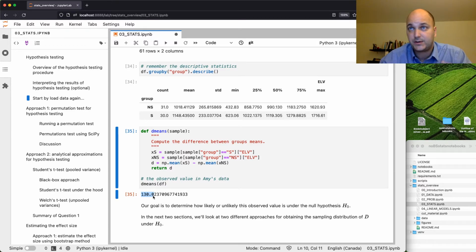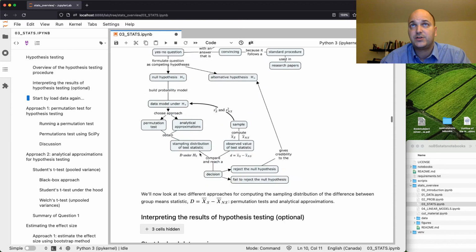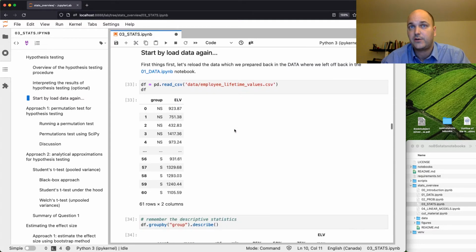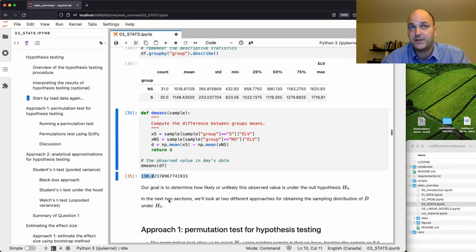So this is what's going on now. We just did this part. We've observed 130 here. Now, in order to answer our question, how do we find the sampling distribution?